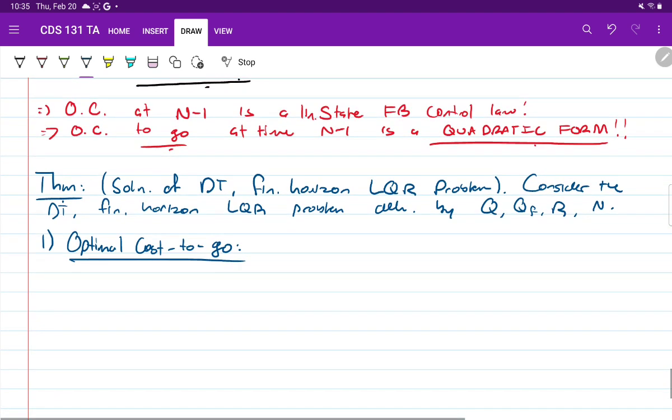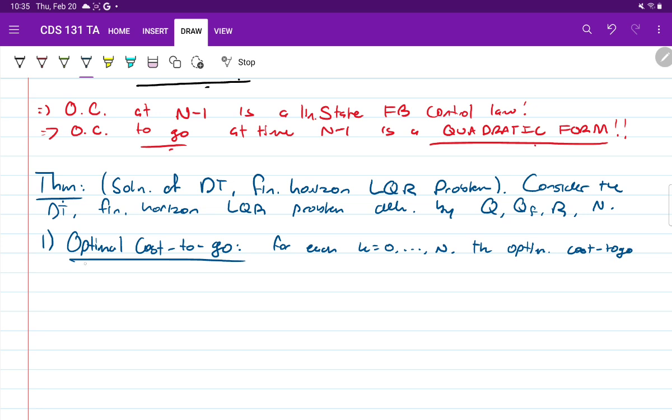What we're going to say is for each k equals 0, going up until time N, the optimal cost to go function is a quadratic form J star of x comma k equals x transpose Pk times x.